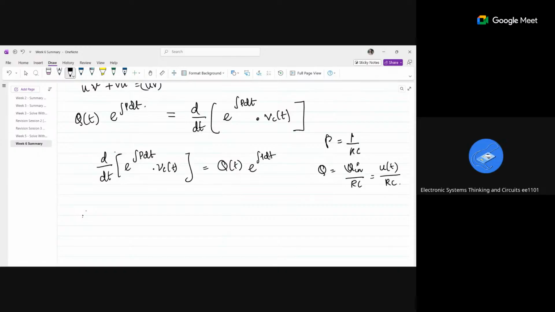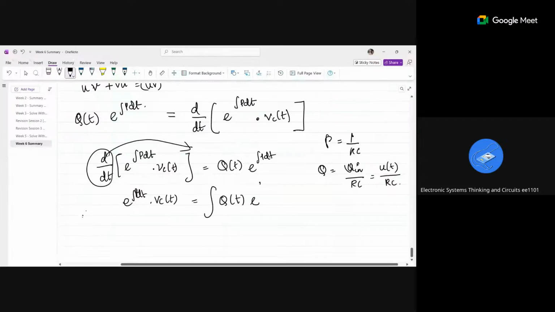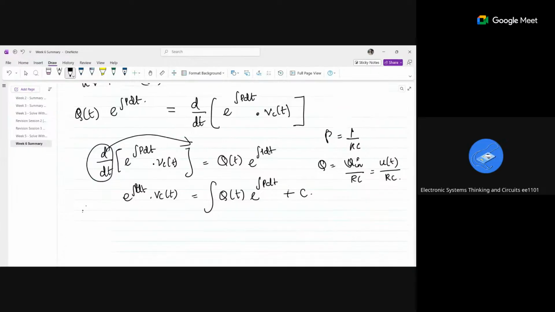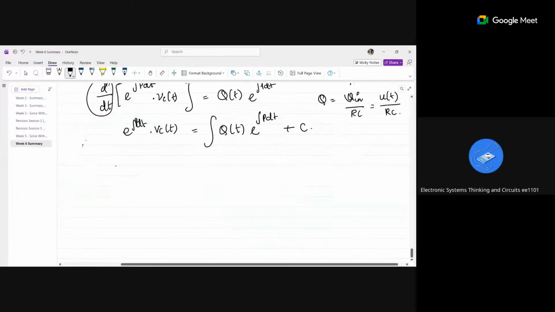Before applying, this differentiation I will take to that side and integrate everything. It is equal to integral q of t e power integral p dt plus c, right? So integration on both sides, the differentiation gets cancelled on the left-hand side.